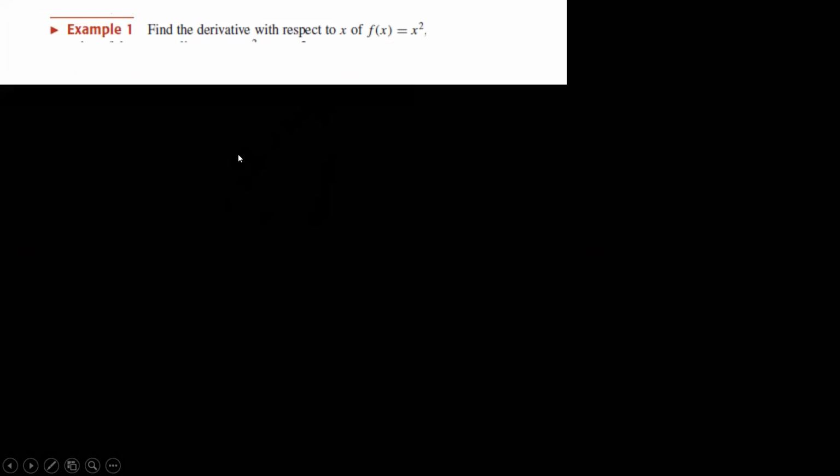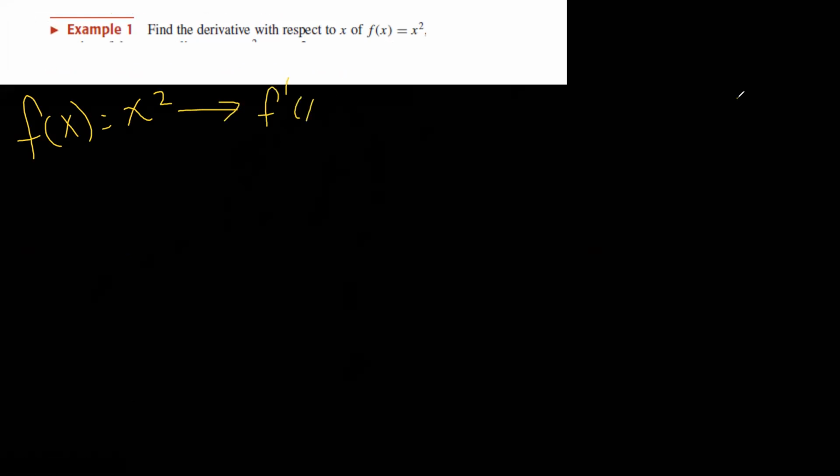find the derivative with respect to x of f of x equal to x squared. So here we have f of x equal to x squared. I have to find the derivative of it, that means f prime of x. What will it be?